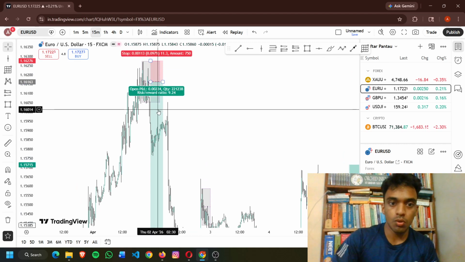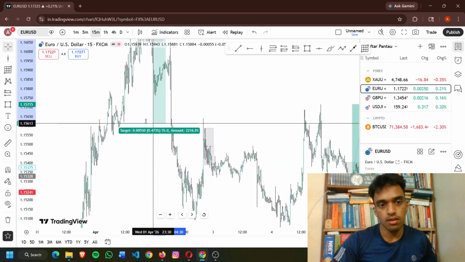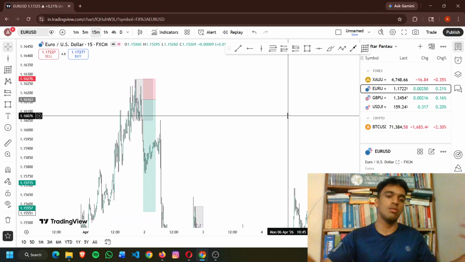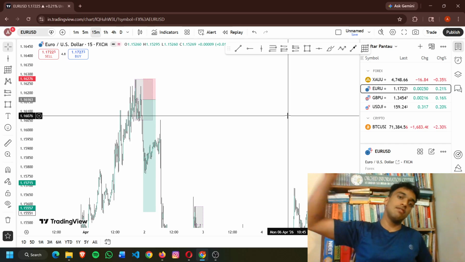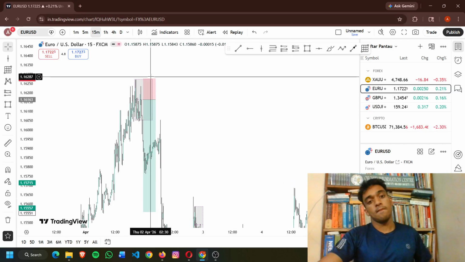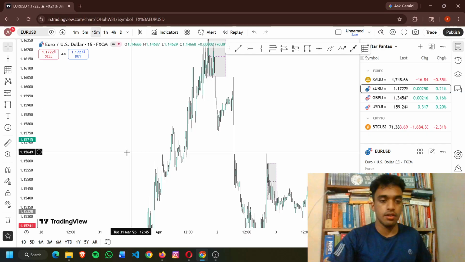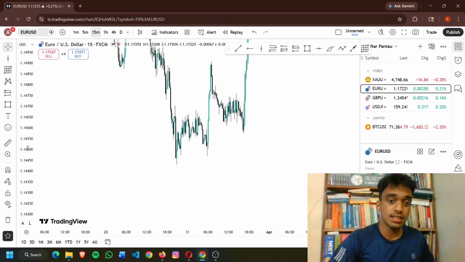So that was a 1 is to 9 trade, guys. But ideally this was the trade, so it would be 1 is to 5 no matter what. So if you're risking $100, you're gaining $500, guys. That's the trade which we are doing over here. I hope everything is making sense to you guys.